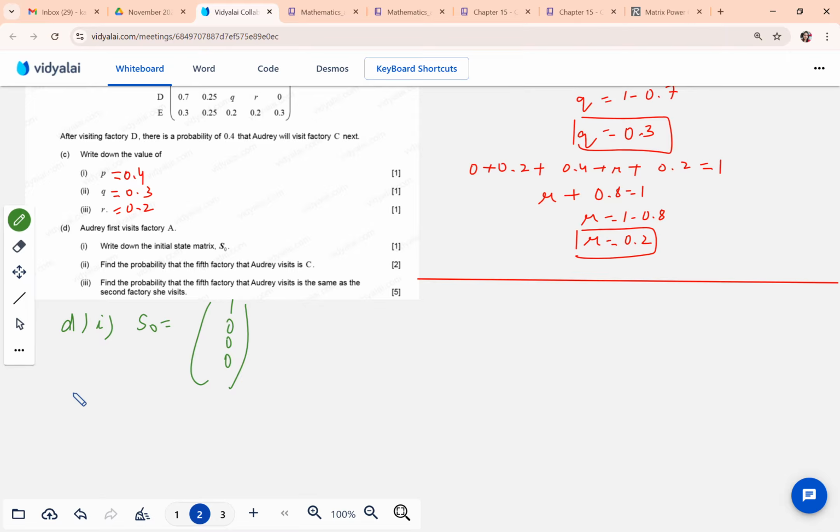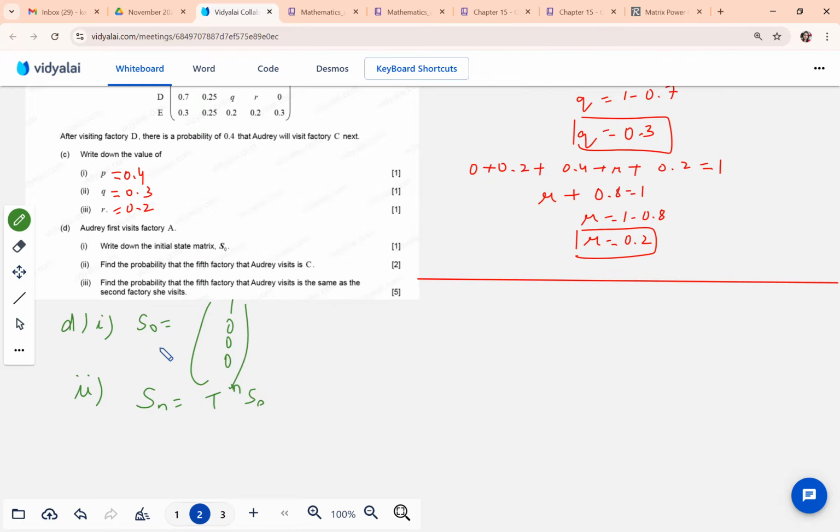Now, second part, they are asking to find the probability that the fifth factory that Audrey visits is C. The initial one is the first, for that we have S0. So in general we write Sn is equal to T^n times S0, where n is, like here they said the fifth factory.